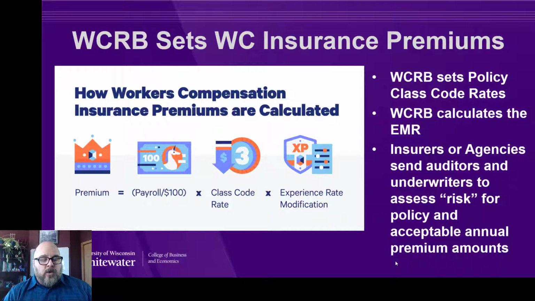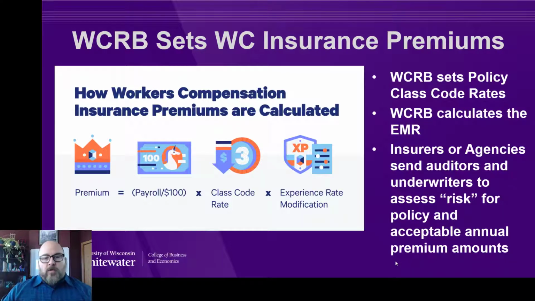They're calculated essentially through the Compensation Rating Bureau. They set the policy code amounts, so each state's a little bit different. What's interesting is you can actually go online and look at this stuff. Compare Illinois, Minnesota, and Wisconsin, because we're all neighbors.